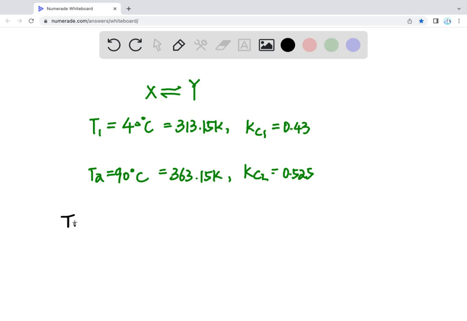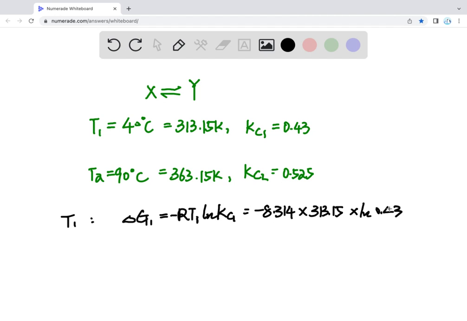So at T1, the Gibbs free energy delta G1 equals minus RT1 ln Kc1. So that's about minus 8.314 times the T1, 313.15, times ln 0.43.